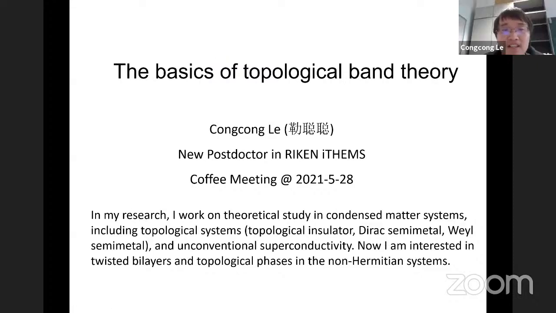Good afternoon, everyone. I'm Congcong Le. I will be a new postdoc in RIKEN iTHEMS. My work is theoretical study of condensed matter systems, including topological systems such as topological insulators, Dirac semimetals, Weyl semimetals, and unconventional superconductivity.